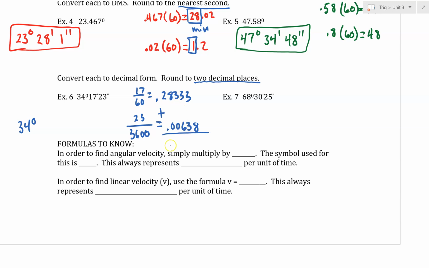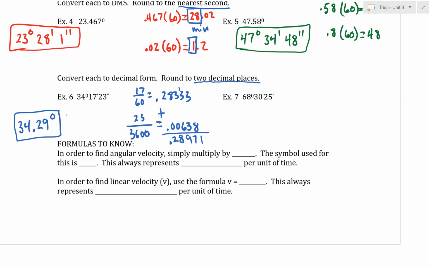When you add these together, you're going to get 0.28, and then you have a 1 out here. This is going to be a 1. That makes a 7. 6 and 3 is 9. So you have 0.28971. They said to round this to 2 decimal places. So it's going to say 34.29 degrees. That is an approximation because obviously we are limited, but that is the answer we're looking for.